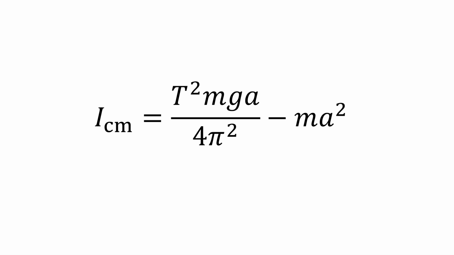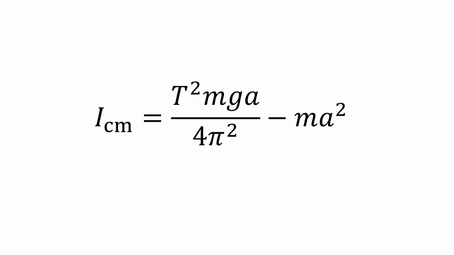Let's rearrange it to express the moment of inertia, I_CM, of the pendulum with respect to the axis of rotation passing through its center of mass, which is what we want to determine. Of course, once we have this moment of inertia, I_CM, we can then easily determine the moment of inertia of the pendulum with respect to another axis of rotation using the parallel axis theorem.